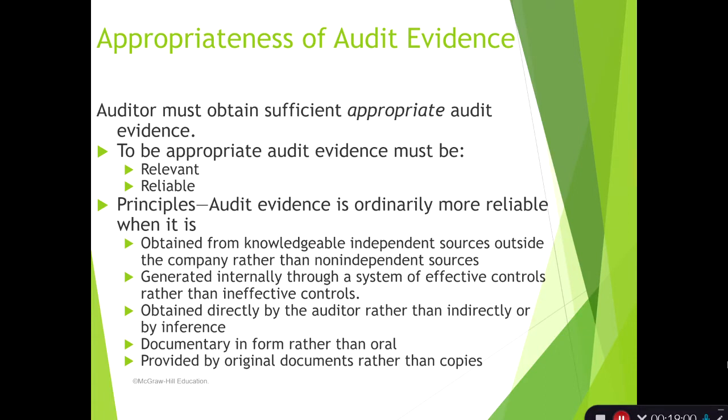We'll talk about some examples of that as we go, where the auditors are the ones requesting information from an outside party. And obviously, it's better to get evidence that is documented rather than just told to you by managers. You'd always prefer that to be documented, and it's always better to get originals.